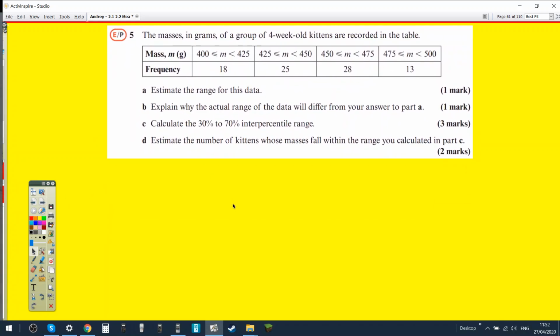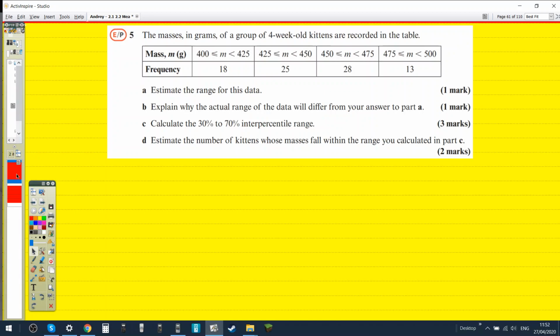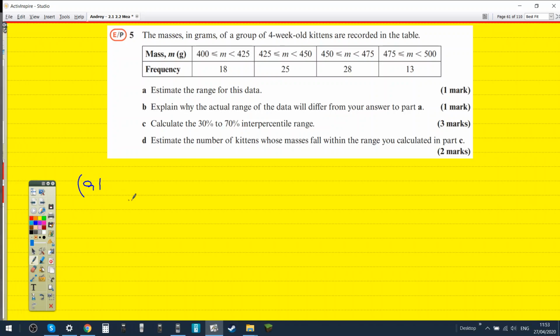How would you estimate the range for this? Not interquartile range. Range. I'd just do 500 minus 400.